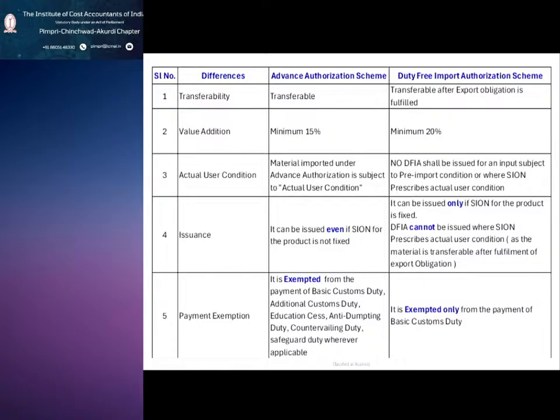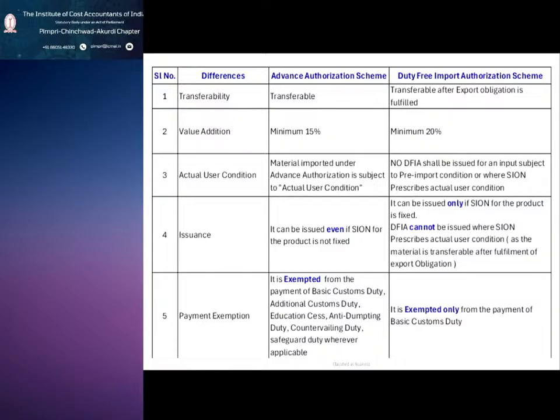That much is fine. Then payment exemption. What payment is exempted in case of advance authorization? Here it is exempted from the payment of many duties like basic customs duty, additional customs duty, education cess, anti-dumping duty, countervailing and safeguard duty wherever applicable.